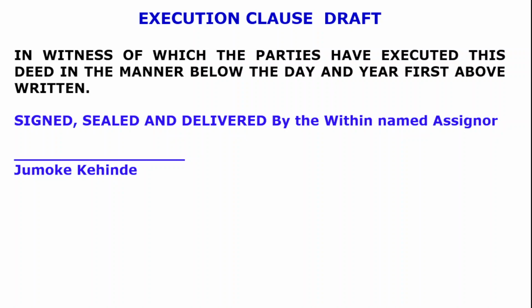The scenario identifies Jumoke Kende as what? Assigner. So you have to be very careful. Don't just go and write any name. It's the name in the scenario you're supposed to put there.